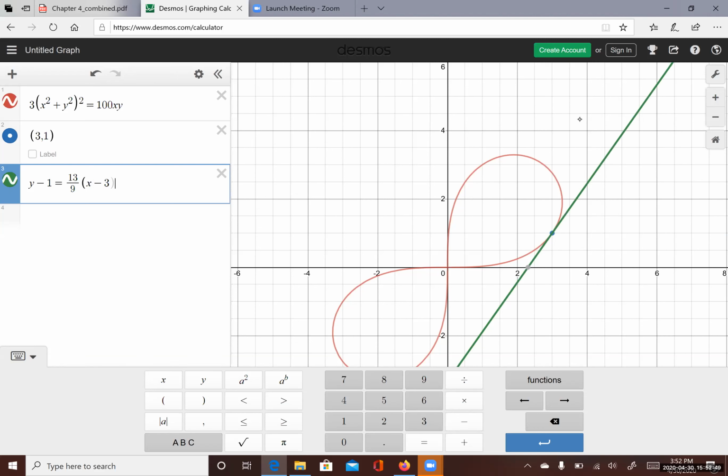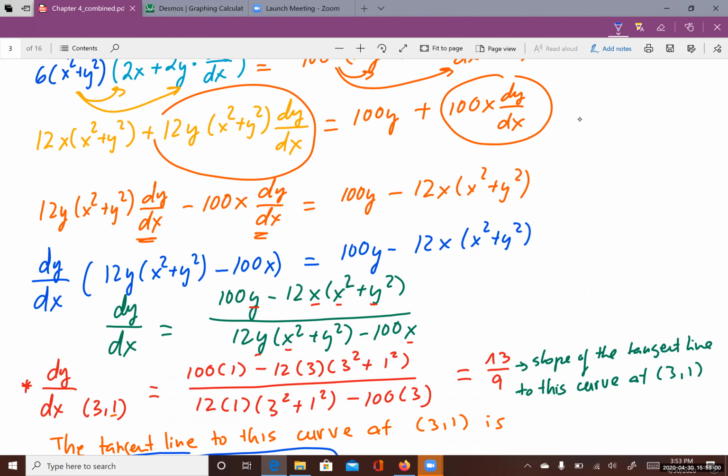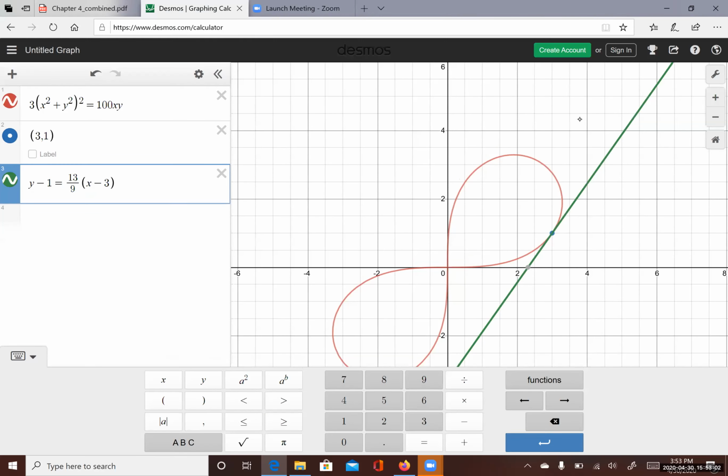As you can see, this green line is the tangent line to this curve at the point (3, 1). We found the tangent line using implicit differentiation. And again, look at this curve. It's not a function because it violates the vertical line test.